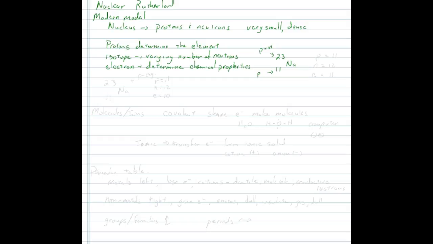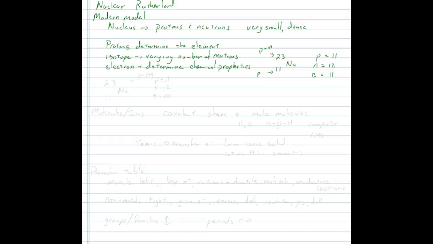So if you have 11 protons, neutrons, and electrons, you have 11 protons. If you subtract 23 minus 11, you get 12, and that's the number of neutrons because 11 plus 12 is 23. And the number of electrons, since it's neutral, the protons and electrons have to cancel, so that is 11. 11 positive charges and 11 negative charges cancel out.